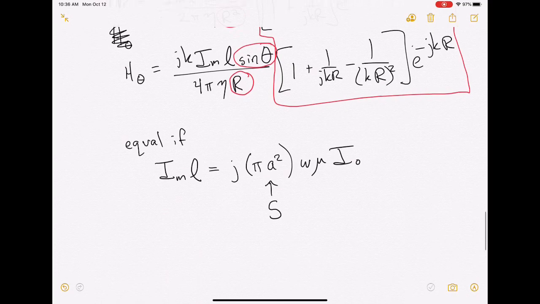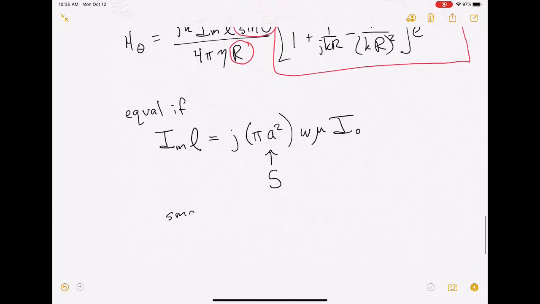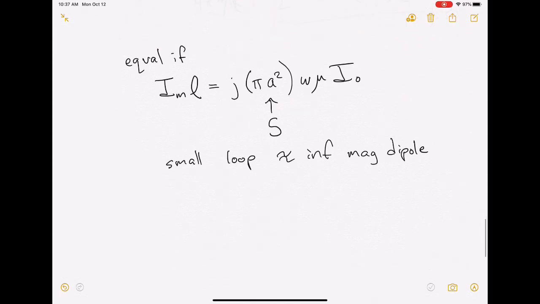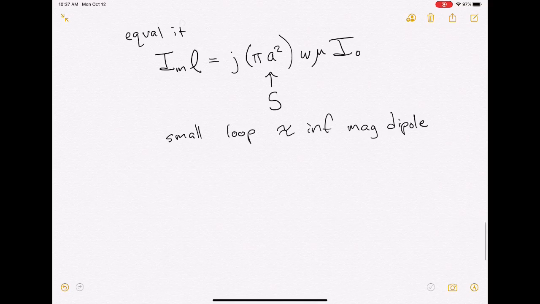So cool, a small loop is about the same as an infinitesimal magnetic dipole. And in general, magnetic currents are things that can represent and replace loops when we're doing antenna analysis. I'm going to wrap this up with a few key things about loops.